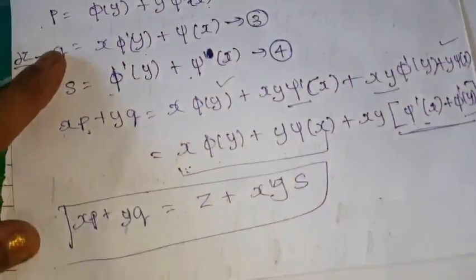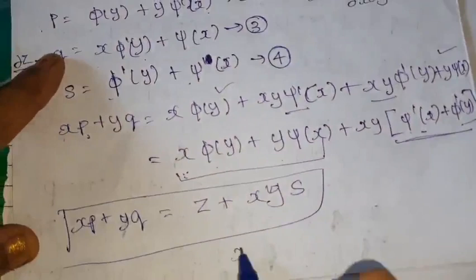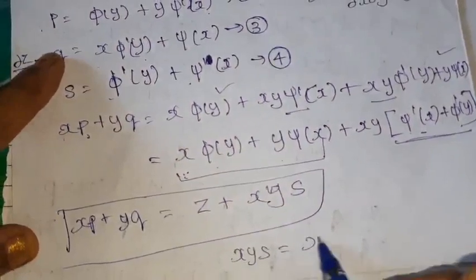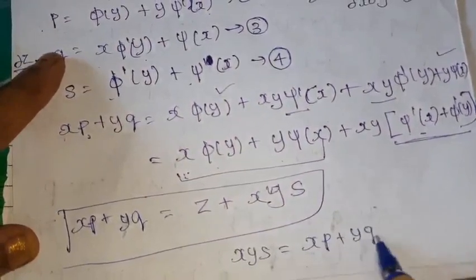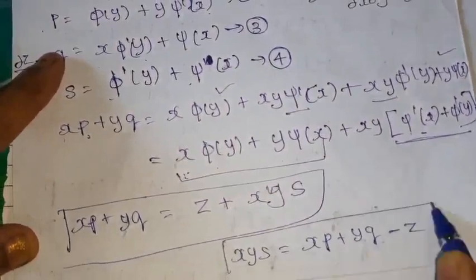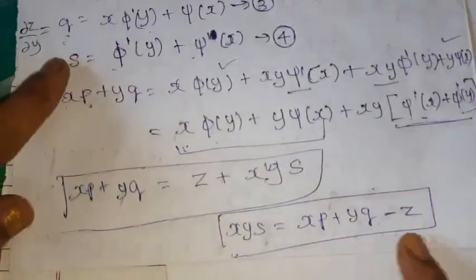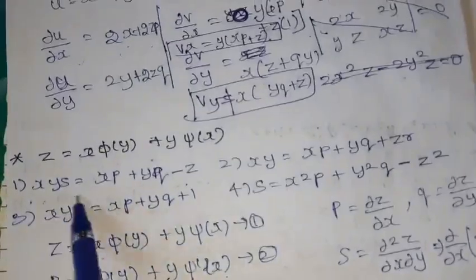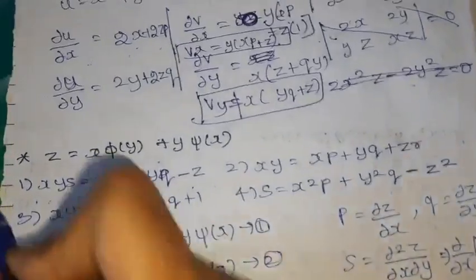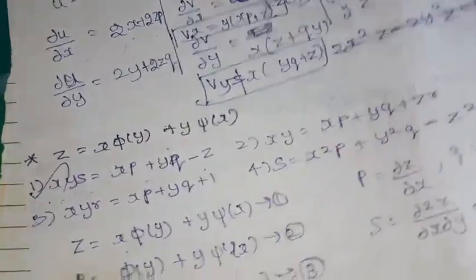So we can write xys equal to xp plus yq, take that z to that side, minus z. So this is our answer: xys equals xp plus yq minus z. Option 1 is the right option for this problem. Then we'll move on to the next one.